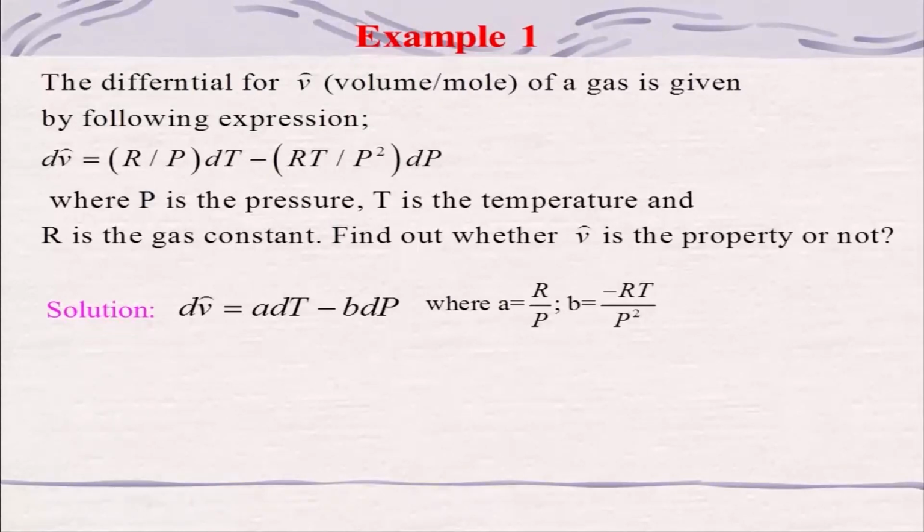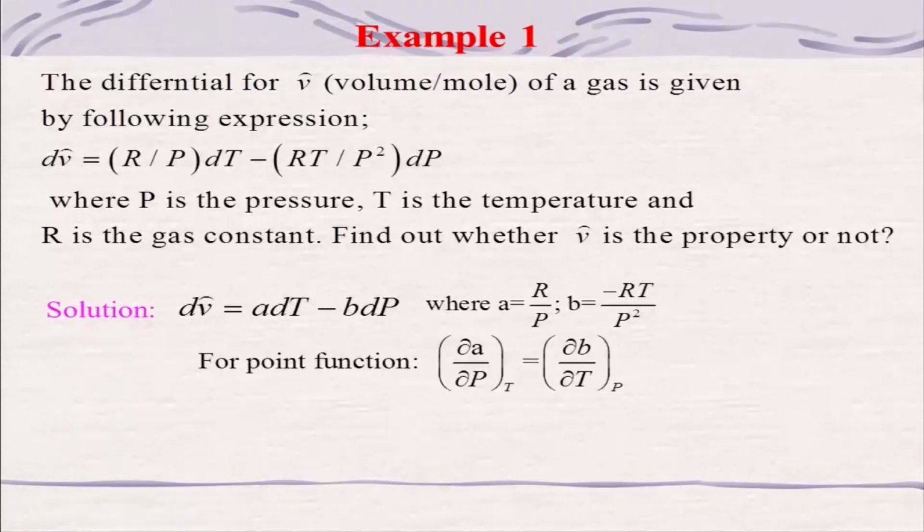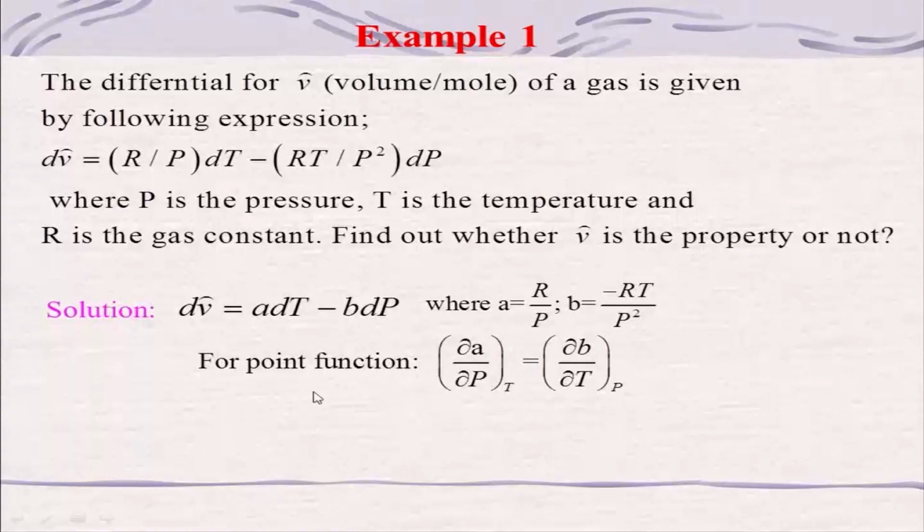So what do we need to do? We have to look at whether it is a point function or not, and if it is a point function, then we call it a property, otherwise no. To know that, we have to satisfy this condition: ∂A/∂P at constant temperature equals ∂B/∂T at constant pressure.